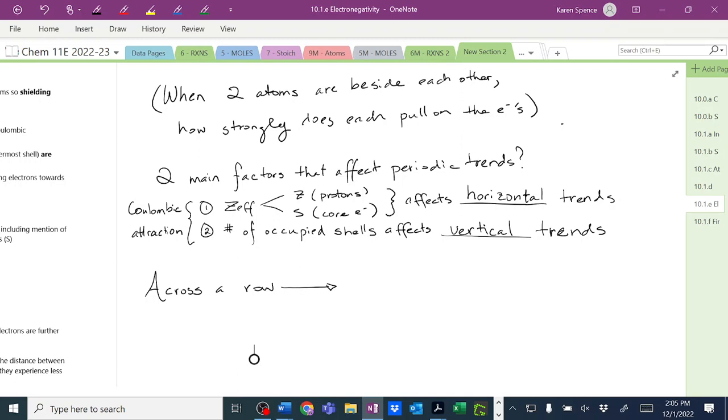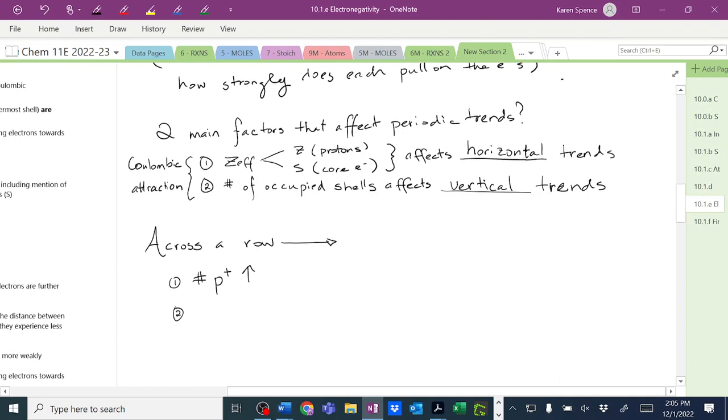So what would you want to start with? What's the starting point for what's happening across a row? Protons increase. What else happens across a row? Core electrons are constant.